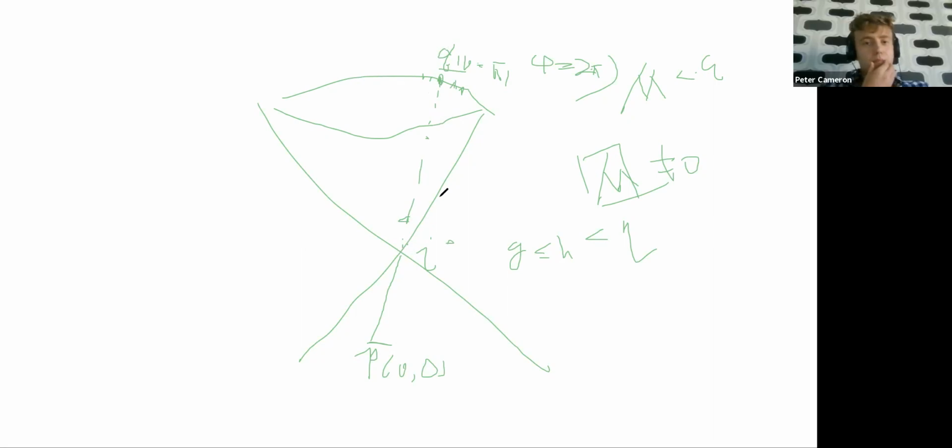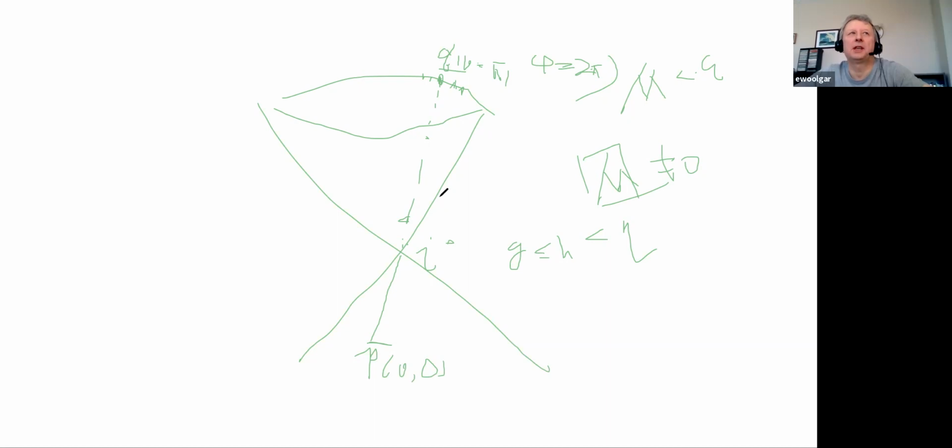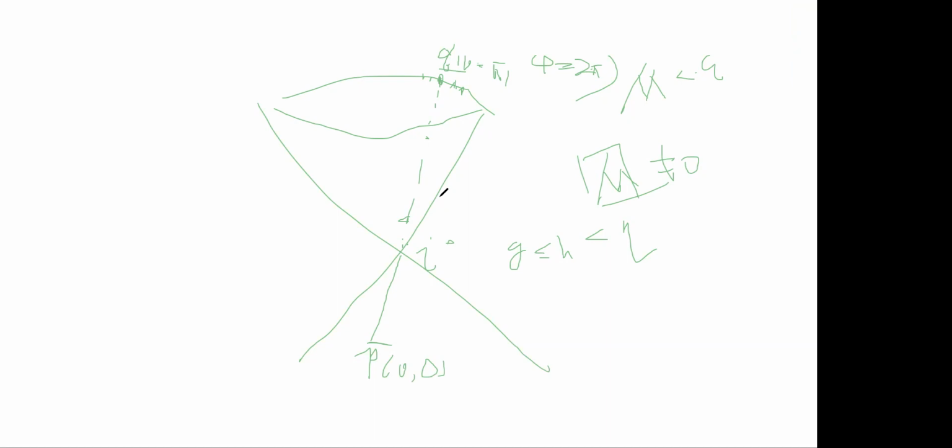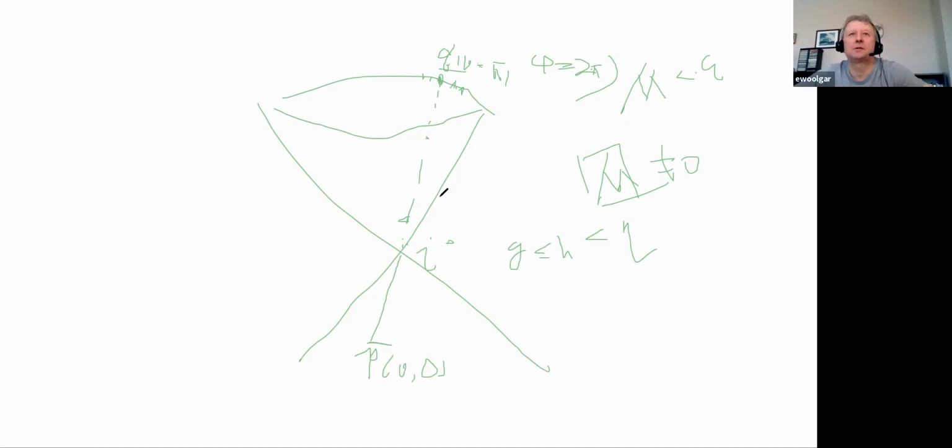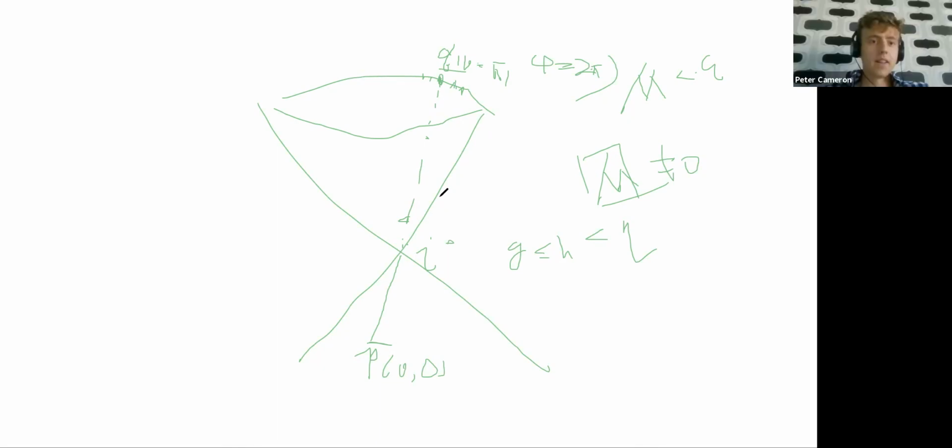No, there's never an open set of Scri plus that is outside the future of P. Every open set of Scri plus intersects the future of P, no matter what the sign of the mass. I'm sure of that. Really? Yeah.